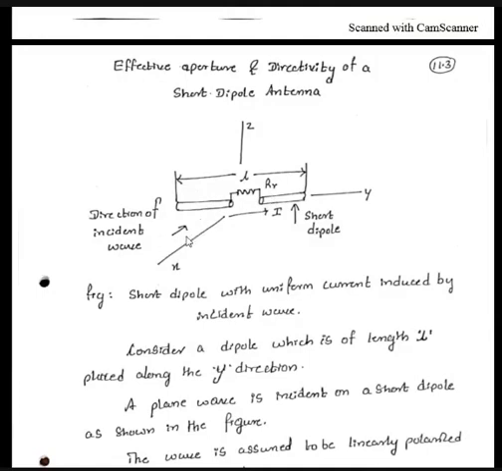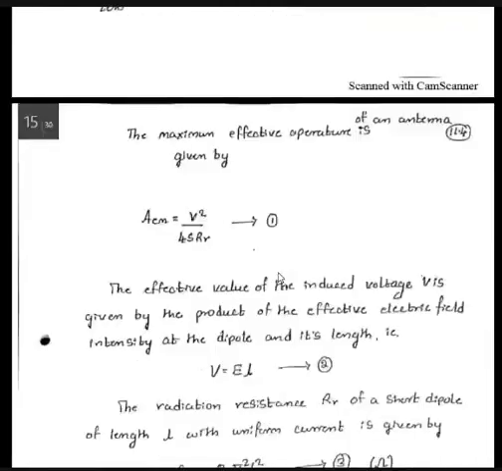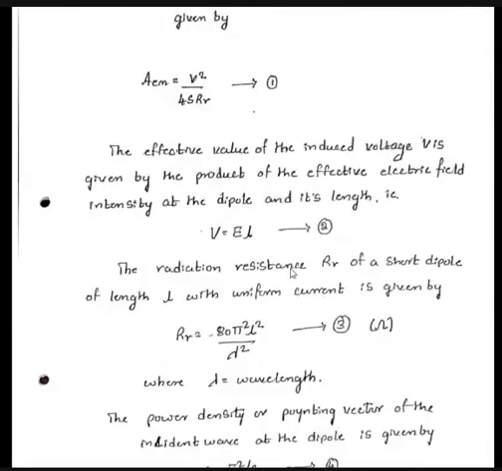Whenever there is an incident wave on this short dipole, there is an electric field E. So the voltage induced on this short dipole is V equal to capital E times small l, given as equation number 2. What exactly is the radiation resistance? The radiation resistance of a short dipole of length L with uniform current is given by R_r equal to 80 pi squared L squared divided by lambda squared.